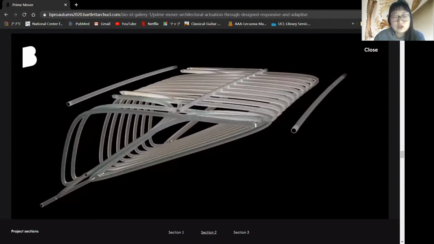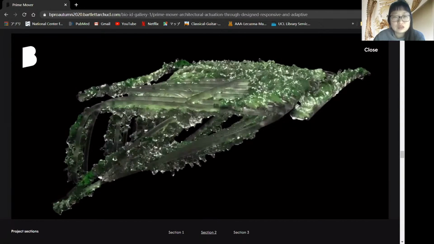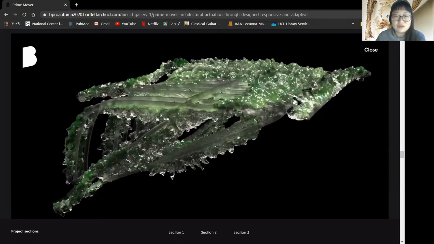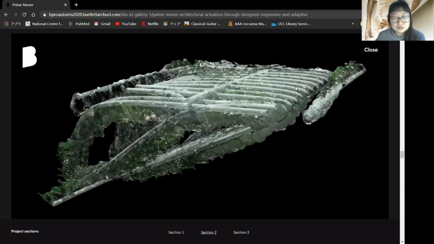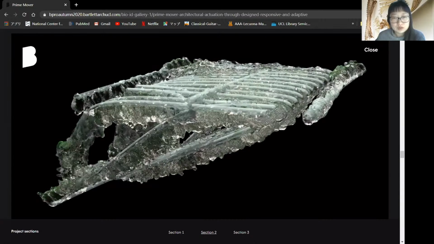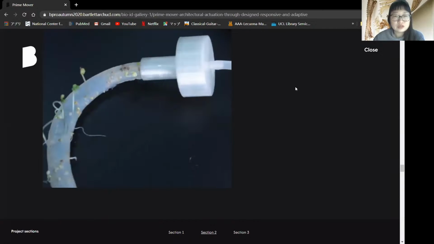So it mainly shows how the water is flowing and how the growth is happening and what kind of variety of development a callus can have. And this is another model we made trying to convey the idea of how after the growth happens on the scaffold, what it will look like.